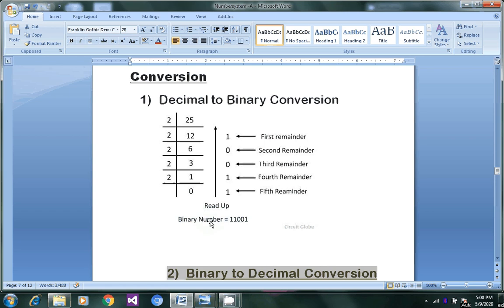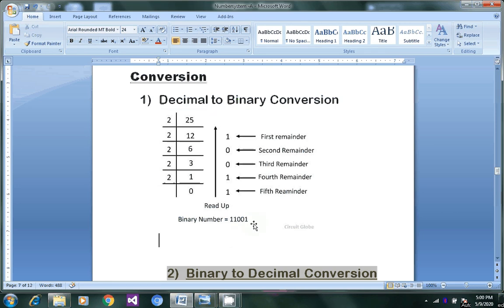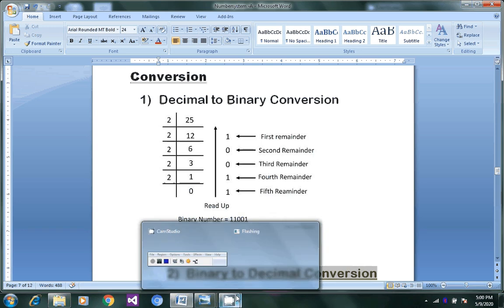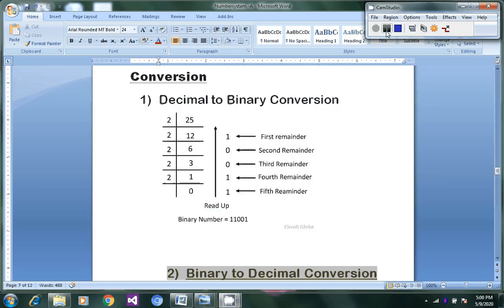So the binary number is 1 1 0 0 1. This is the decimal number 25, whose binary conversion is 11001.